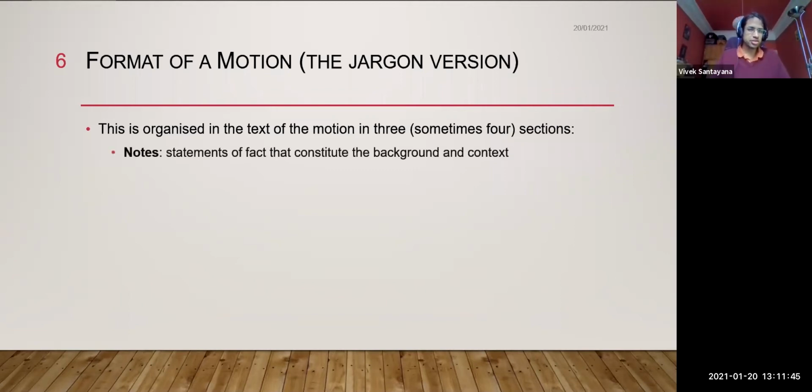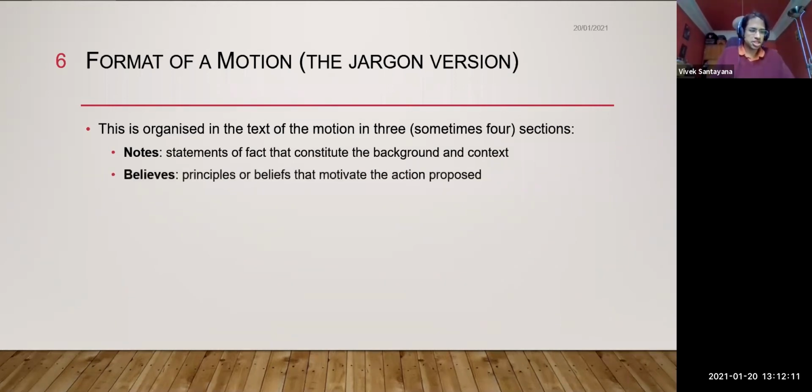The first is the notes section, which are usually statements of fact that constitute the background and context of the issue. These could be things like statements of fact pertaining to relevant pieces of legislation, relevant issues that have happened recently, or rules or policies of the branch themselves. This is basically facts that outline what the problem is and what the context is for this action.